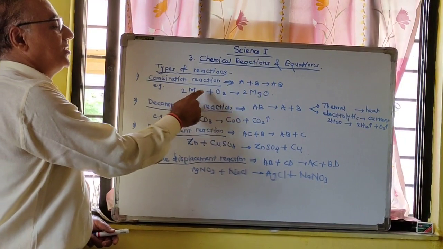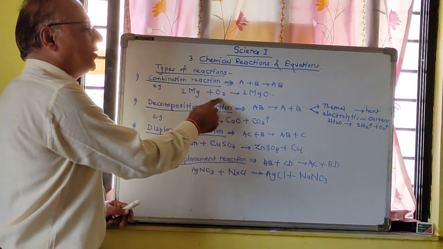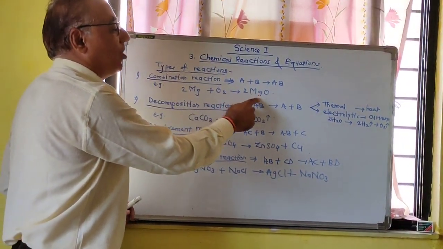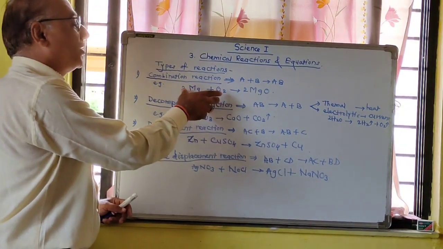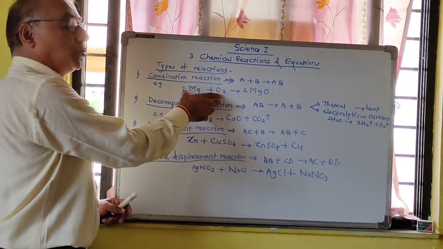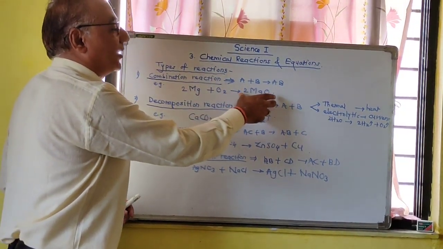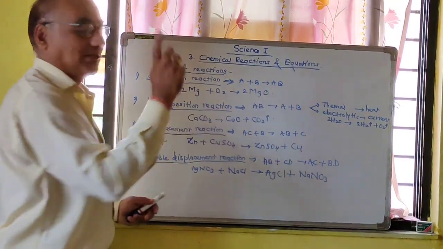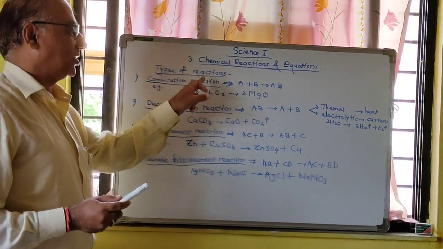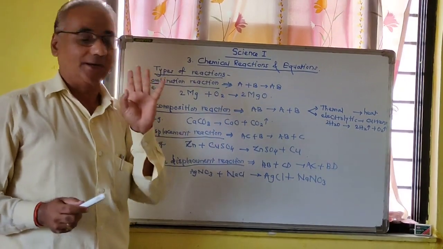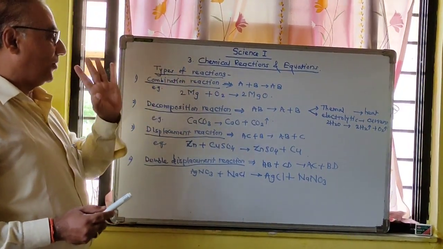When magnesium is reacted with oxygen, there is a formation of magnesium oxide. Here we observe that there are two reactants, and from those two reactants there is formation of a single product. So this reaction is known as combination reaction. This is the first type of reaction.